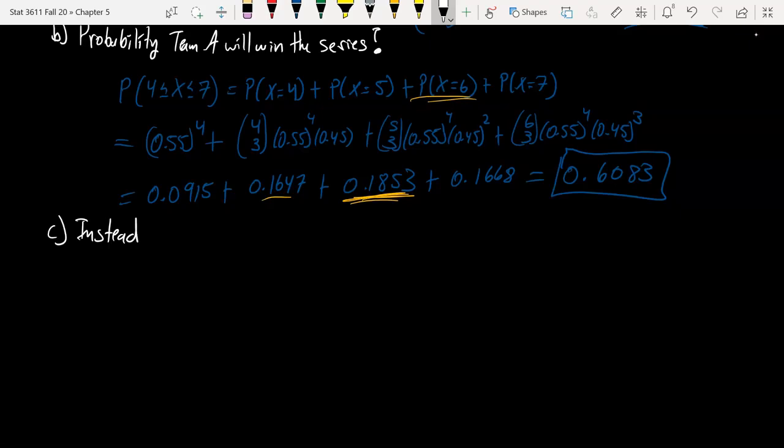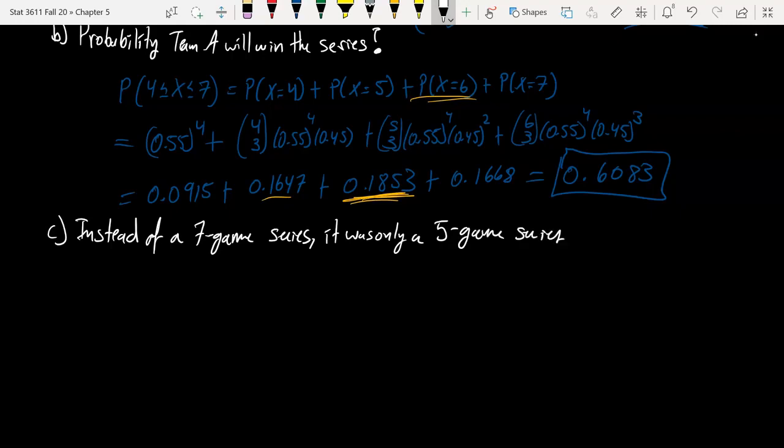What if instead of a 7-game series, it was only a 5-game series?